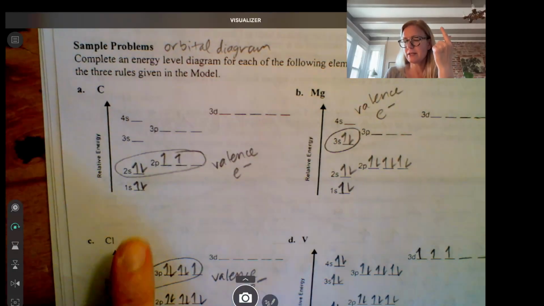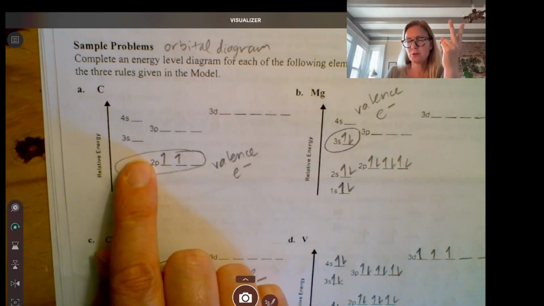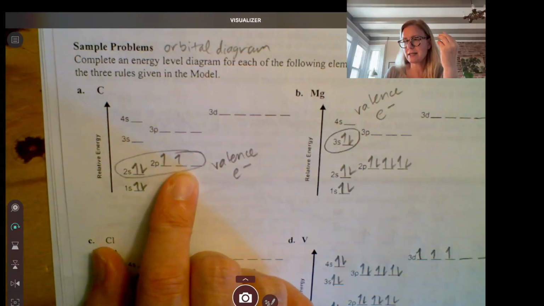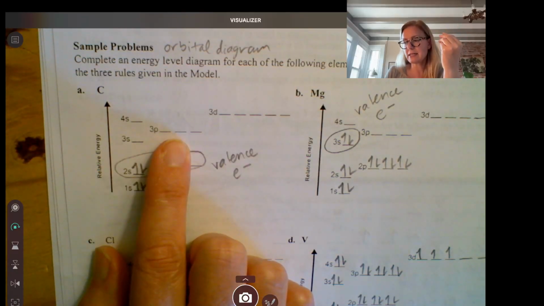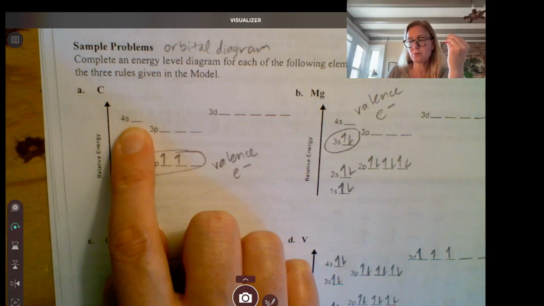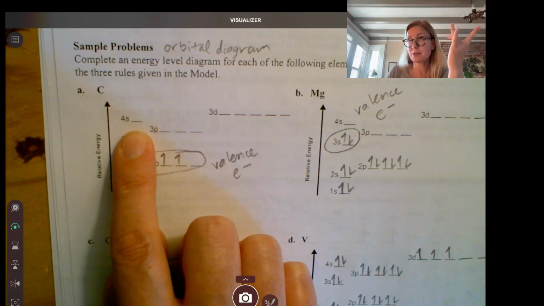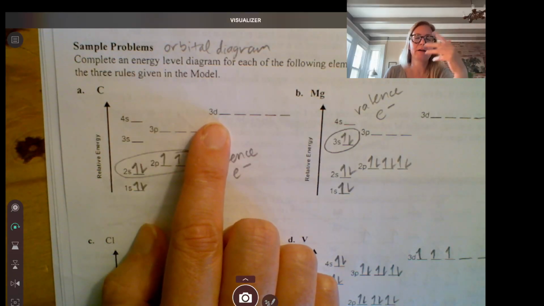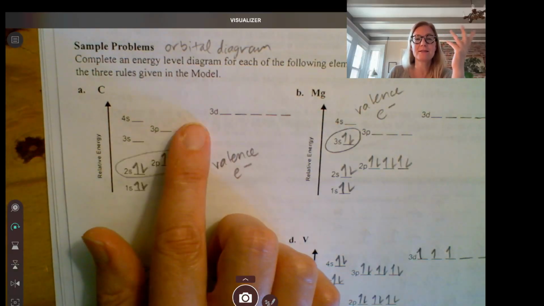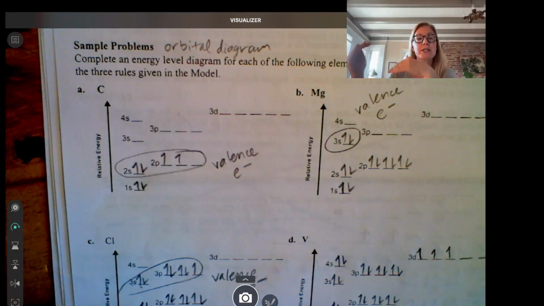I do 1s2, 2s2, 2p6, that adds up to 10, 3s2, 3p6, 4s2, that adds up to 18, and then 3d1 would be my 19th electron. So having this is very handy to trace your way up.